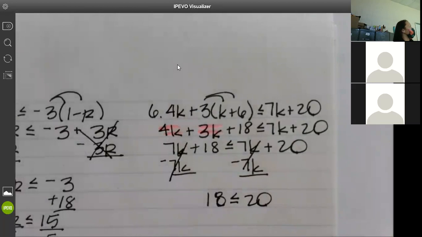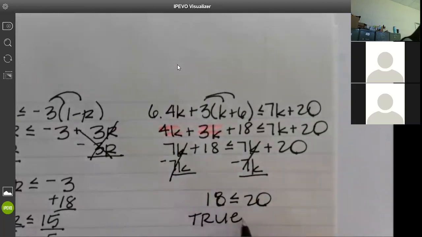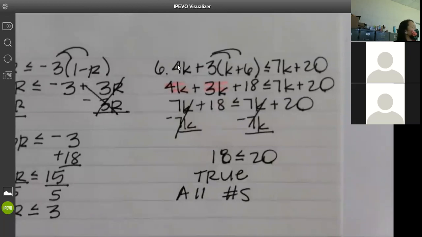We had some where we had to have equals or not equal or something like that. So my question is, is this true or false? Is 18 less than 20? Yes. So this one is true. Remember, when it's true, it's going to be all numbers. It's going to be everything.